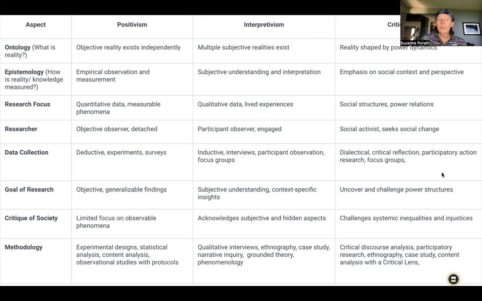So why is that important? When you are looking at your theoretical framework and your methodology and your methods, your theoretical framework or conceptual framework are the theories you're bringing into the research. Your methodology is a framework for how you're going to collect and use data.